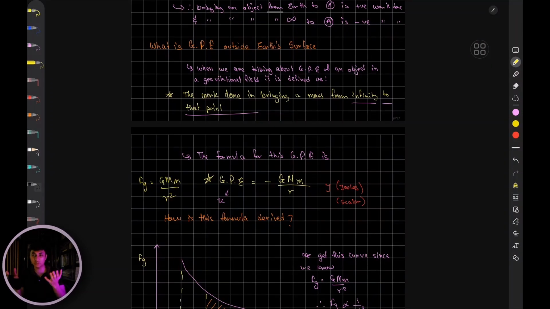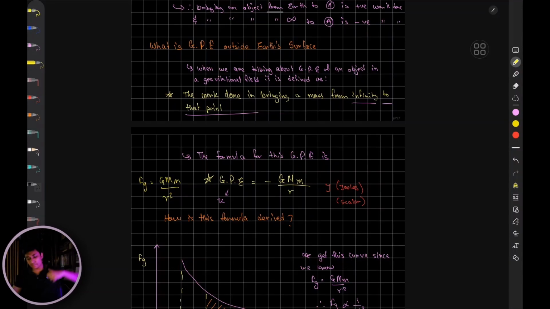So the difference between both is, in case of force, the distance has a power of 2. In case of potential energy, the radius does not have any power. Therefore, G m m divided by R, and there is a negative sign in front. Why? Because negative work is always done in bringing it from infinity to near the surface.